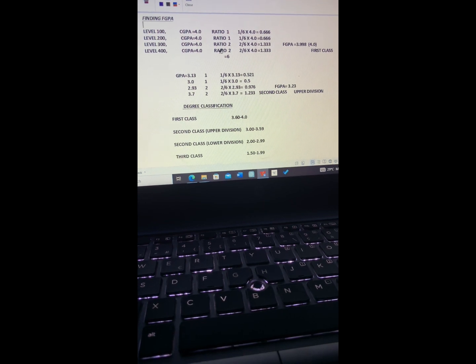For the last year too, you do the same, of which the ratio is 2, not 1. So you get 2 out of the sum of the ratio, 6, times your CGPA. Here we got 4.0. So this is what you are going to get.